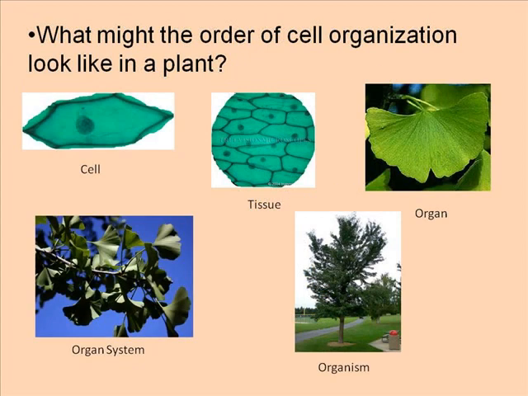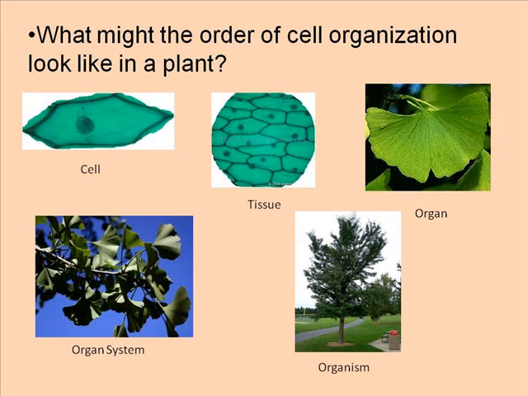And we've been talking so much about animals and us as a system, but truly, plants, being multicellular organisms, also have this level of cell organization. So if you look down below, I have pictures of each of the levels of cellular organization.